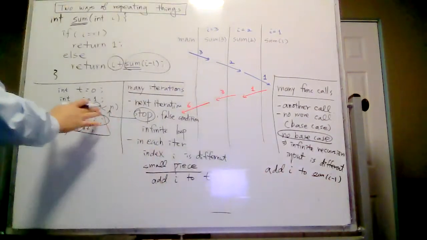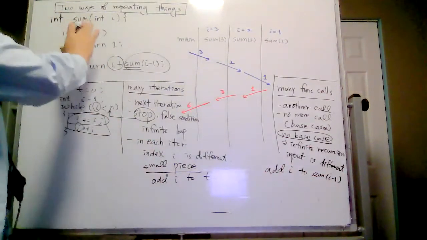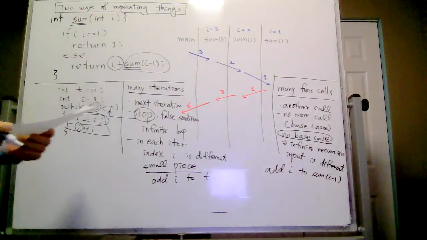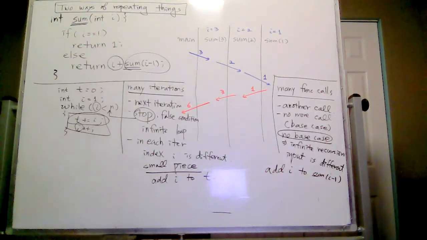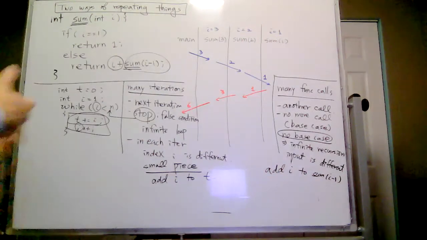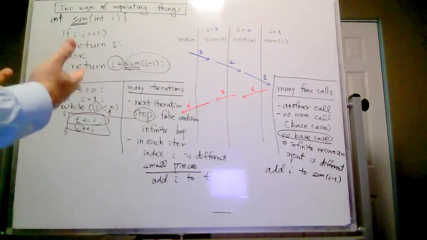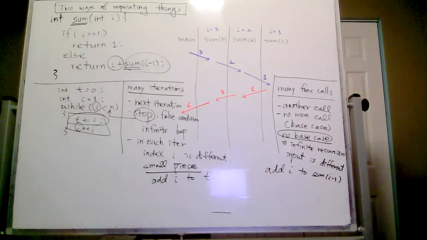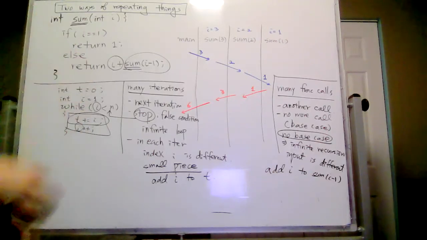So like iteration, what each function call takes care of is really small. Okay, so in a sense, although the structure is a little bit different, there's a lot of similarities, and you see why this recursive function is good for repeating things.